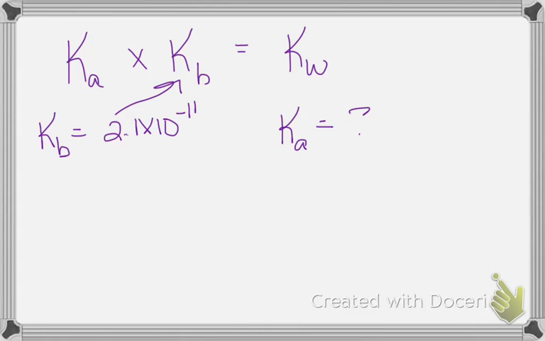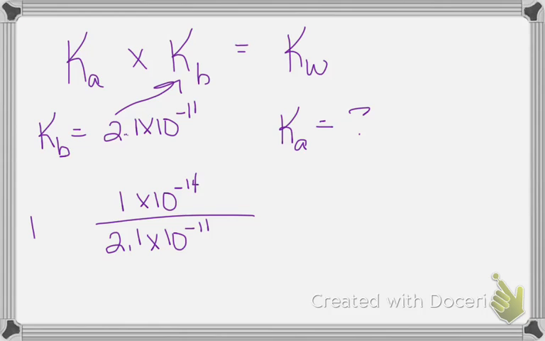You know Kw is 1 times 10 to the minus 14. So you say 1 times 10 to the minus 14 divided by 2.1 times 10 to the minus 11. And you get 4.8 times 10 to the minus 4.